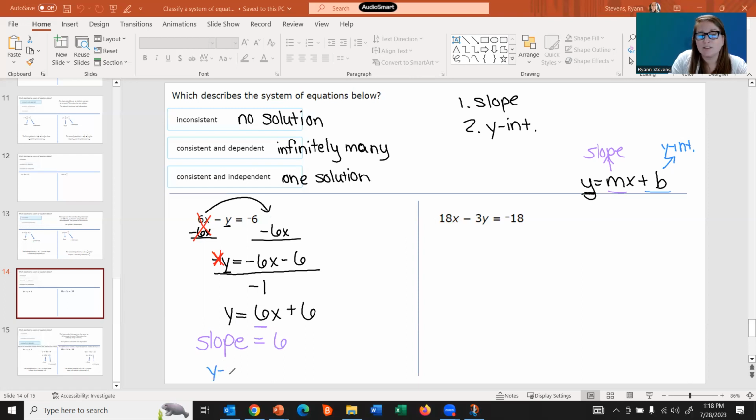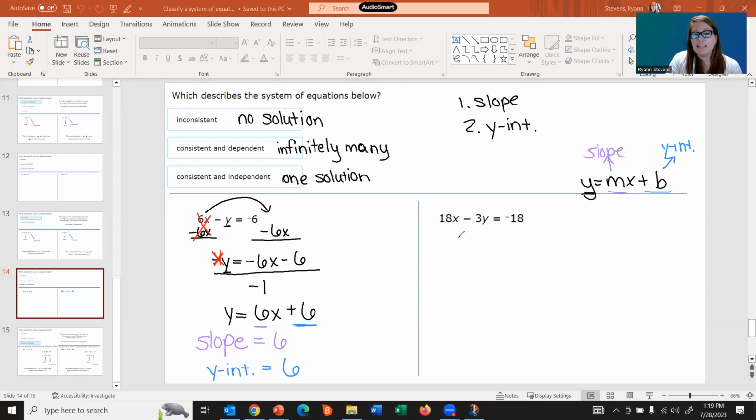And then my y-intercept would be this number in place of b, which is, again, a positive 6. So it's a little bit easy to pick that out once we have it in slope-intercept form. Now that we've been practicing slope-intercept form for a while, we can see what my slope is, what my y-intercept is, pretty easy. But if it's not written in slope-intercept form, it will require a couple more steps.